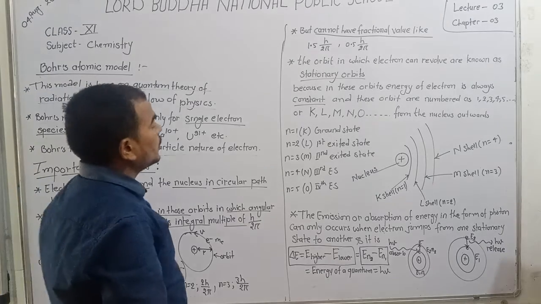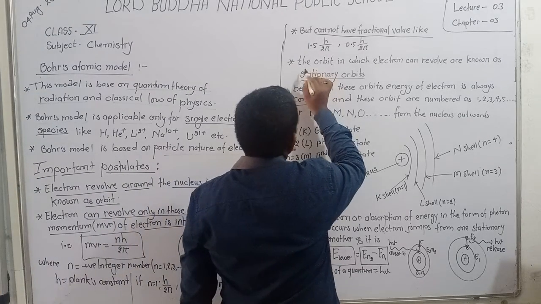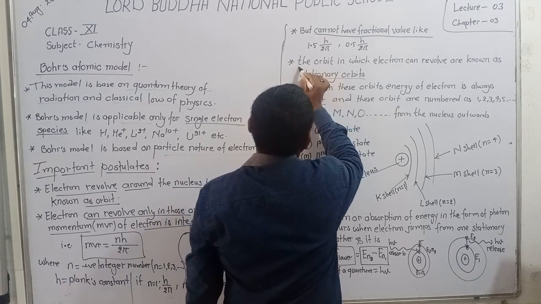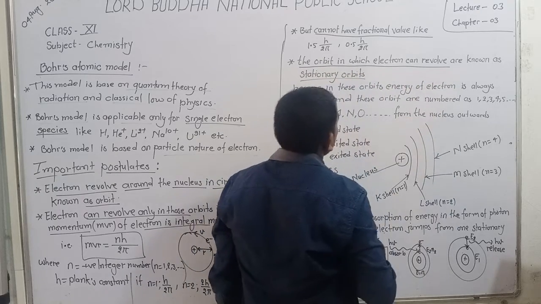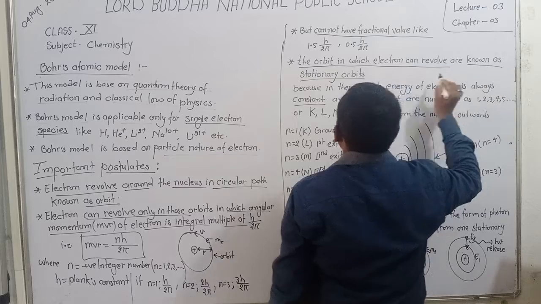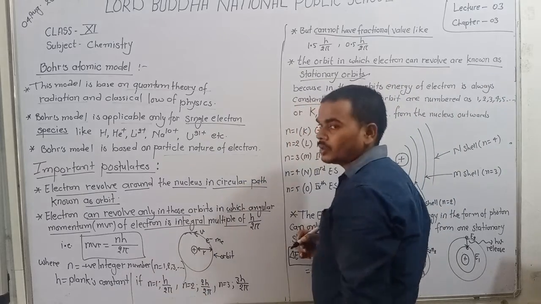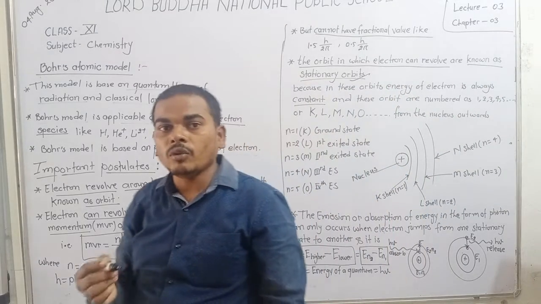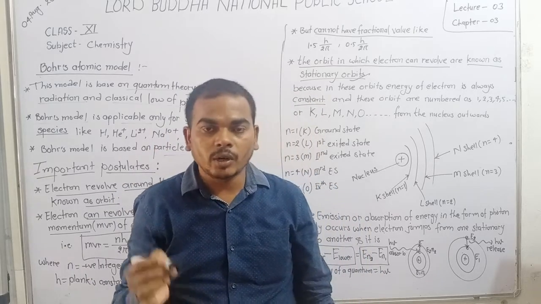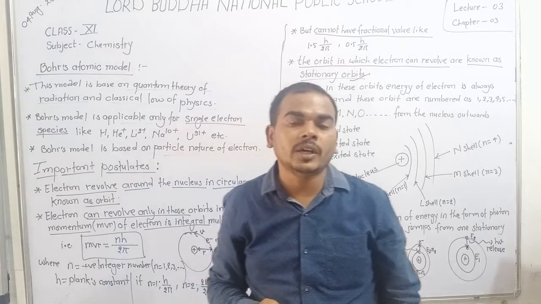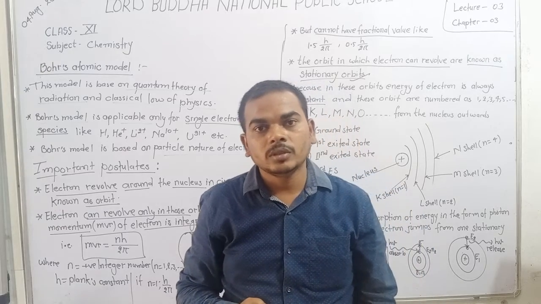Okay. Dear student, the next postulate is that the orbit in which the electrons can revolve is known as a stationary orbit. Dear student, you know that the electron revolves around the nucleus in a circular path, which is known as orbit.